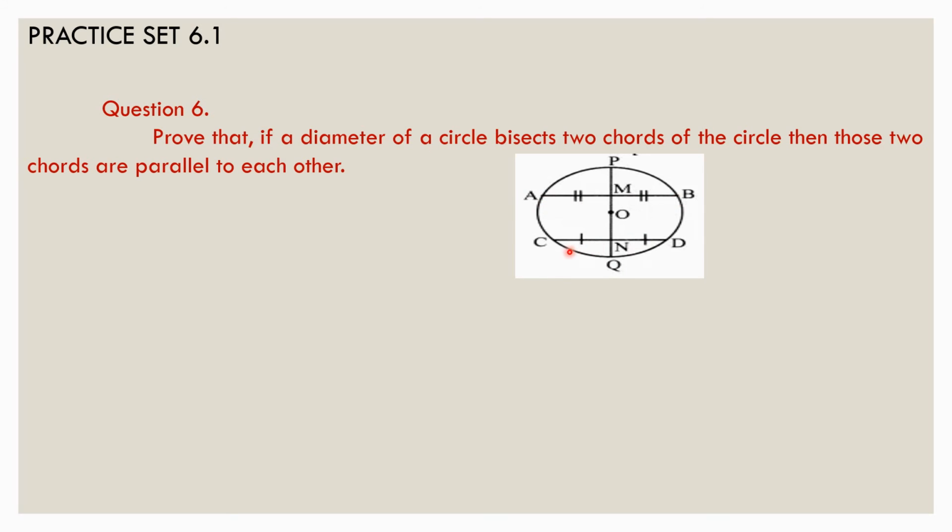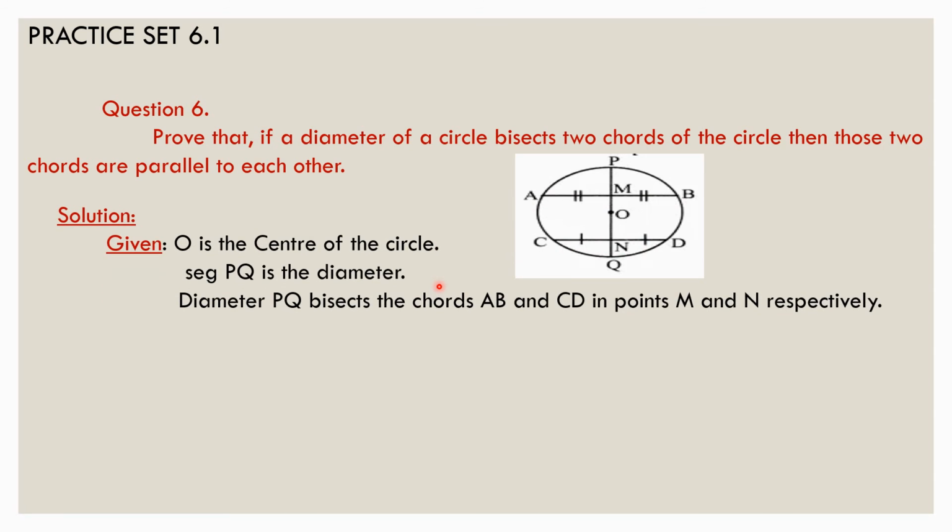First write given: O is the center of the circle and segment PQ is the diameter. Diameter PQ bisects chords AB and CD in points M and N respectively. And to prove: chord AB is parallel to chord CD.